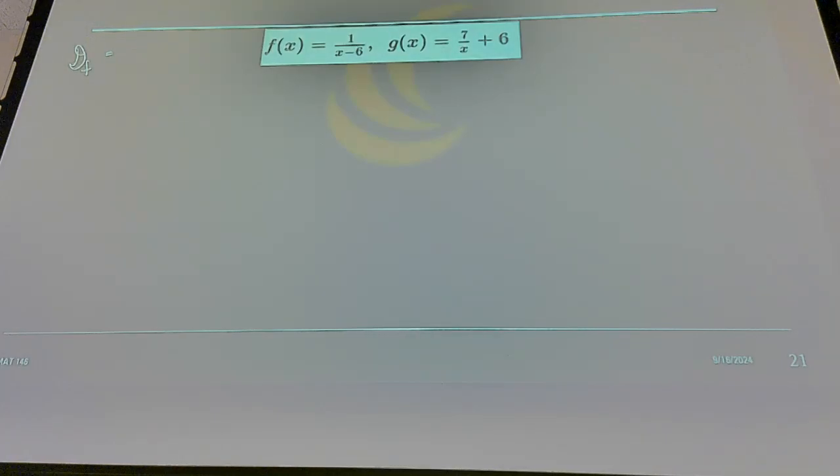If this was government work, you'd be close enough. What's the domain of g? Negative infinity to 0, 0 to infinity. Everything except for 0.